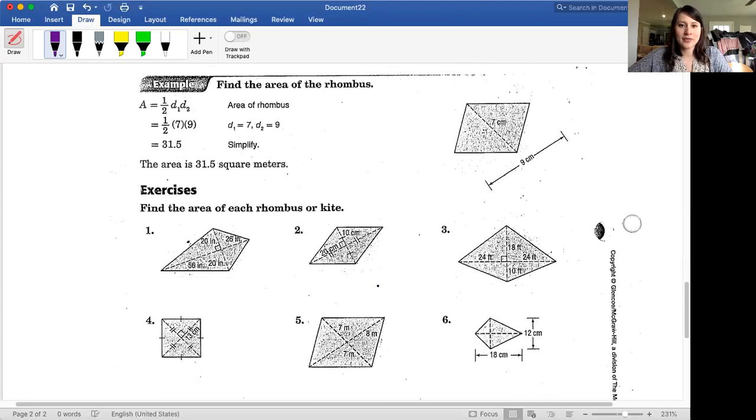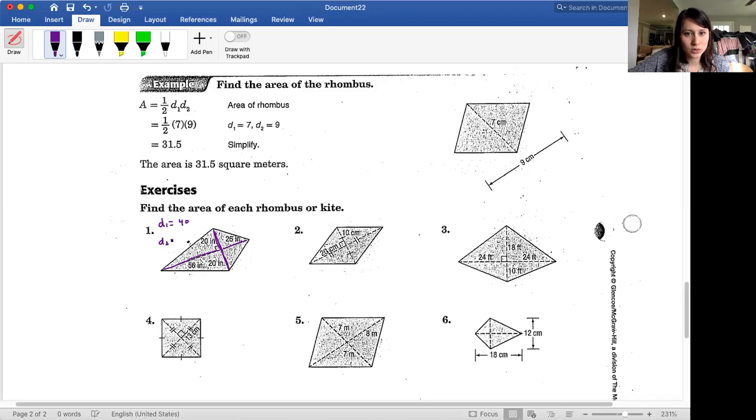So looking at this, we need to find the area of the rhombus, or the kite. For number 1, we have this diagonal, the parts are 20 and 20. And then this diagonal, we have the parts as 56 and 26. You might have to calculate what the diagonals are. The first diagonal is 40.